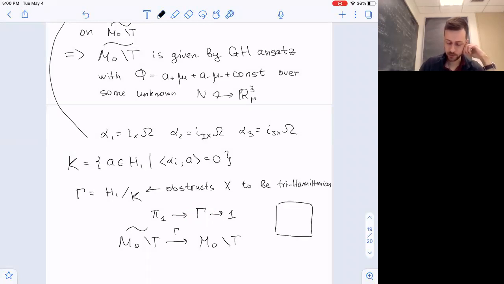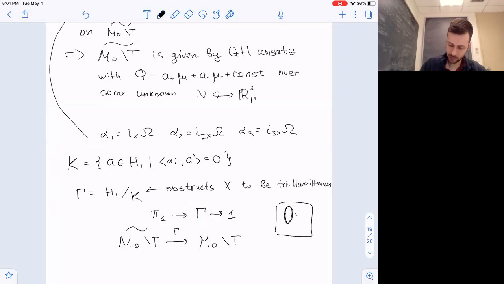All right, so you have this S1 action on M, so you can take one orbit, and this orbit will become disconnected when you take this cover exactly when the class of this loop, well, it's only defined up to conjugacy, but it doesn't matter since you quotient to the abelian part, is a non-trivial element in gamma. But you can immediately observe that the representative of any orbit actually lives in K, because if you hook in X into alpha 1, alpha 2, or alpha 3, you'll get 0.